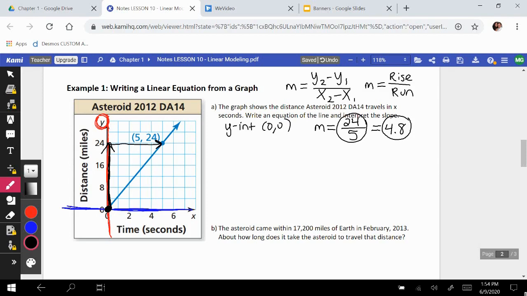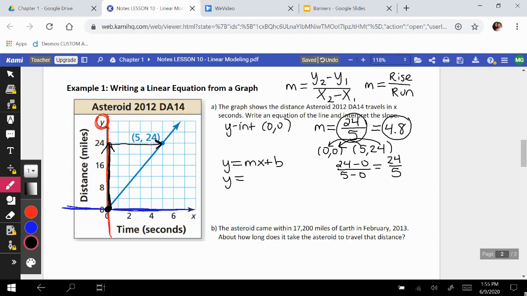Okay, if you wanted to use the 2 points, you could use 0, 0 and the point 5, 24 to calculate slope. You would just do your y2 minus y1 over x2 minus x1, and we still get 24 fifths. Okay, so you have some flexibility there. Okay, now that we have the slope and the y-intercept, we can write our equation using slope-intercept form.